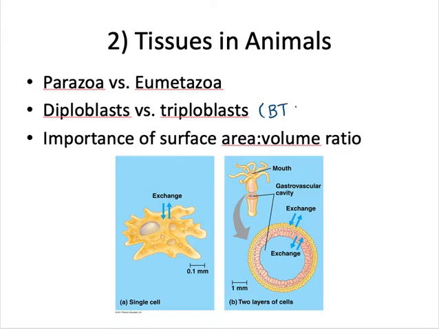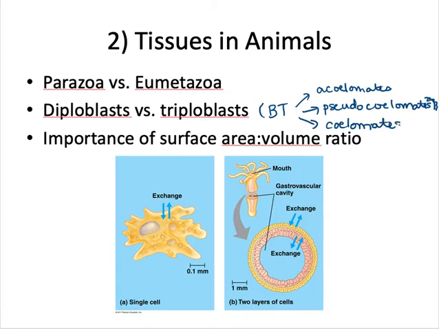Our bilateral triploblasts can include acoelomates like flatworms, pseudocoelomates like the roundworms and rotifers, and many acoelomates and pseudocoelomates won't have circulatory systems or respiratory systems. And then we have our coelomates, which will. So coelomates will have the most internal organization.